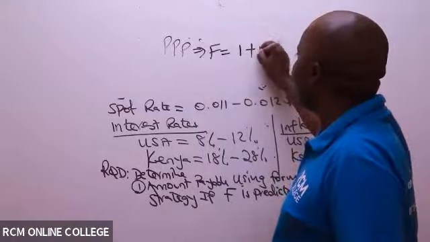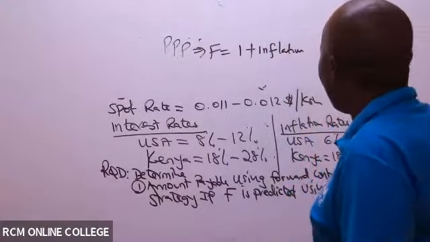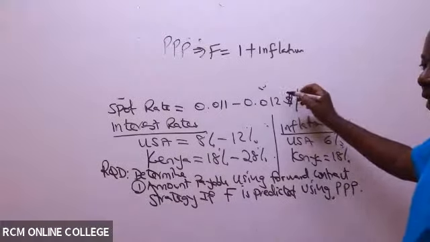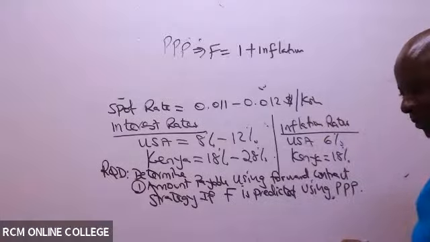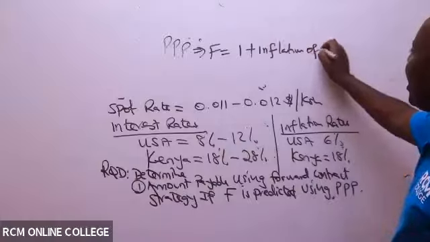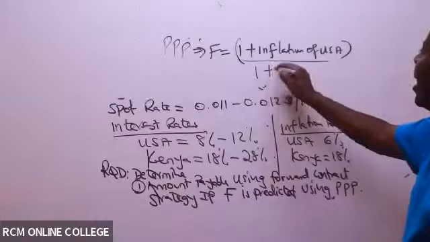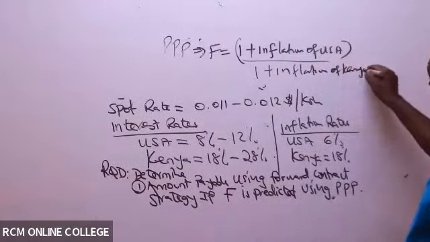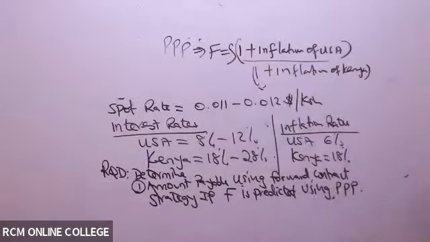One plus inflation. In which country here? Look at how this has been expressed. US is the top country. So inflation of USA all over 1 plus inflation of Kenya. I forgot in this case here S in front there.